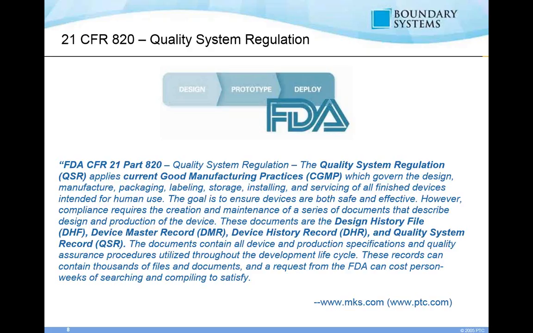Going down to the next bold portion, it says these documents are design history files, device master record, device history record, and quality system record. As you can see, a lot of that is historical.